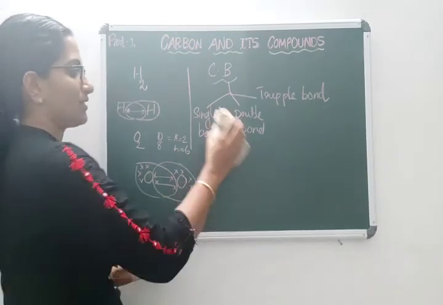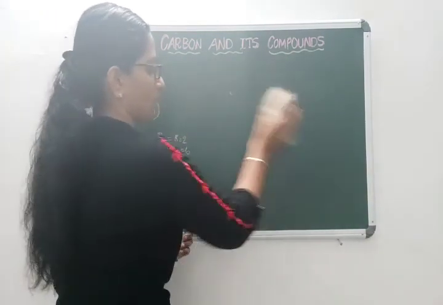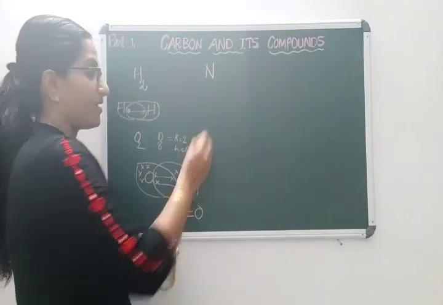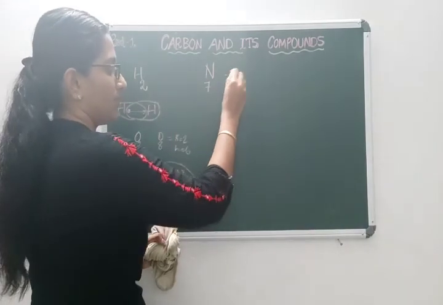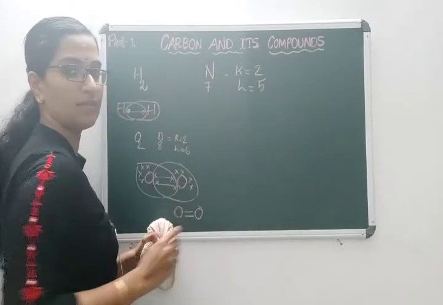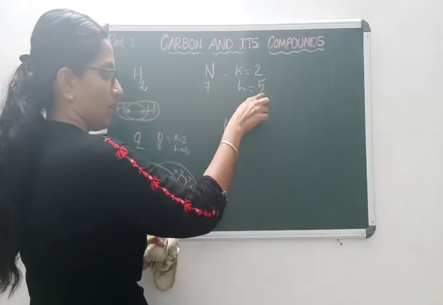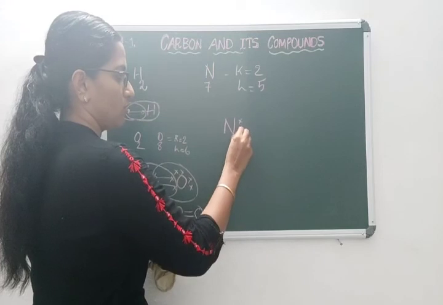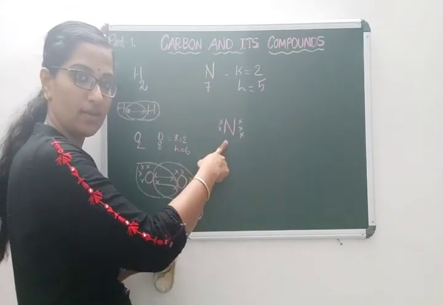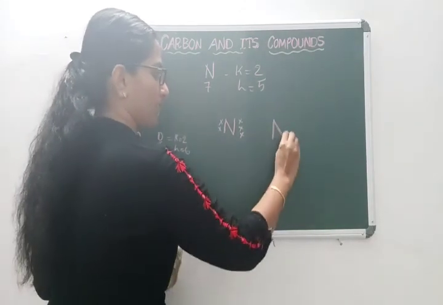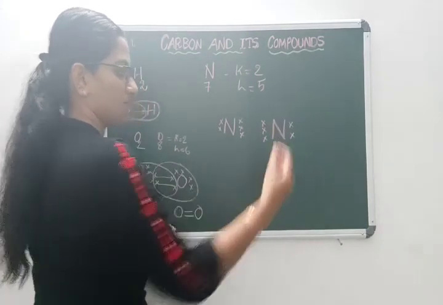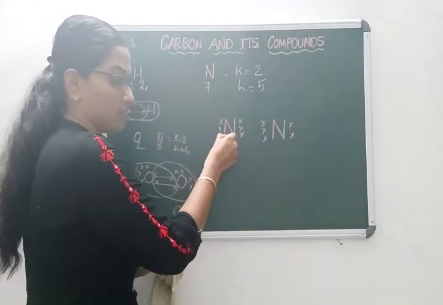Okay. And now the example of a triple bond. How will you write the example of a triple bond compound? Look at nitrogen. Nitrogen has atomic number 7. Right? K is equal to 2, L is equal to 5. Take nitrogen and draw the 5 electrons: 1, 2, 3, 4, 5. This one nitrogen is not stable. It will definitely combine with one more nitrogen with 5 electrons.